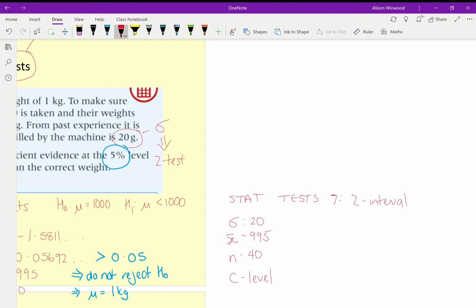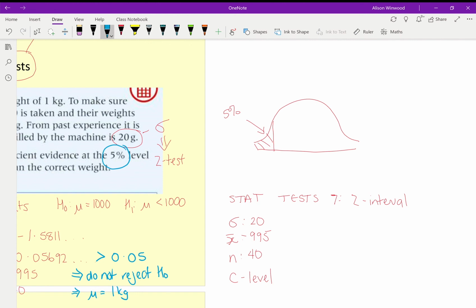Now this is where we have to do a little bit of thinking, because we want 5% to be less than my value. Now the calculator can only give us a confidence interval between two symmetric points.